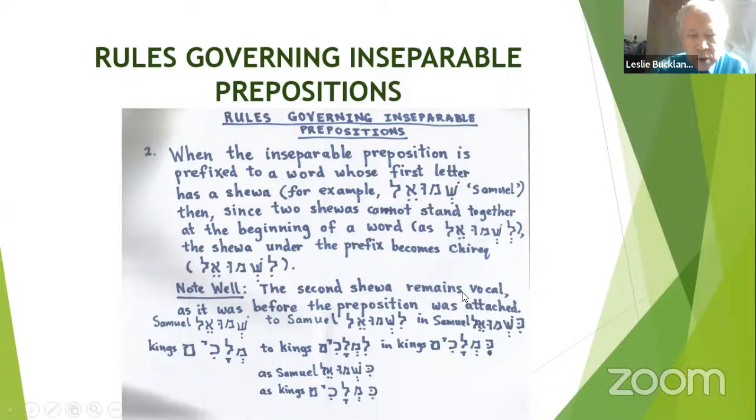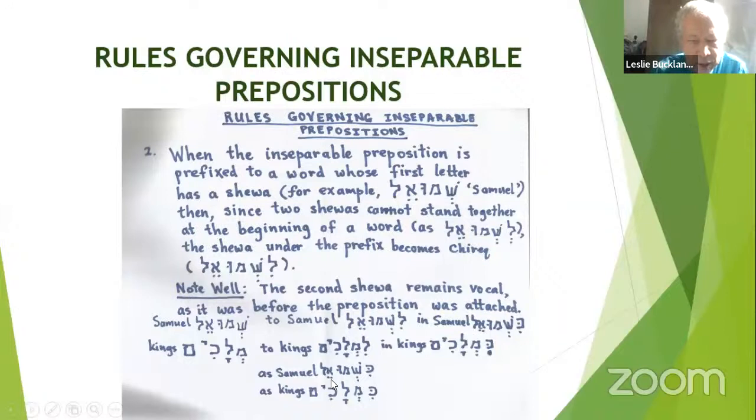So the second schwa remains vocal, that is, it is to be pronounced as it was before the preposition was attached. So here you have some examples of the preposition used with shemuel. Shemuel is Samuel. Li shemuel, to Samuel. Be shemuel, in Samuel.